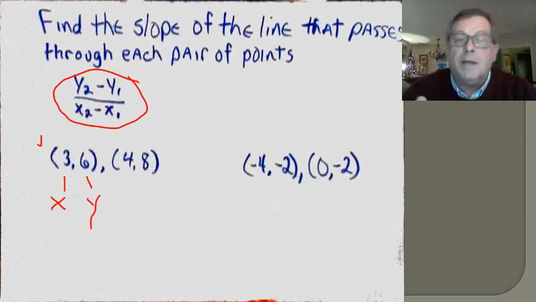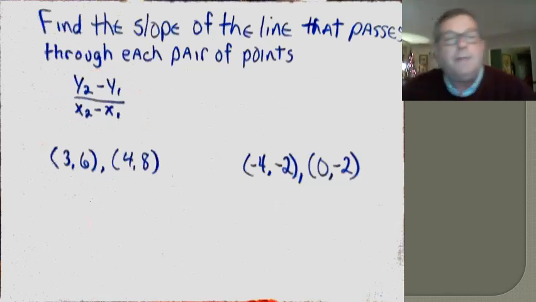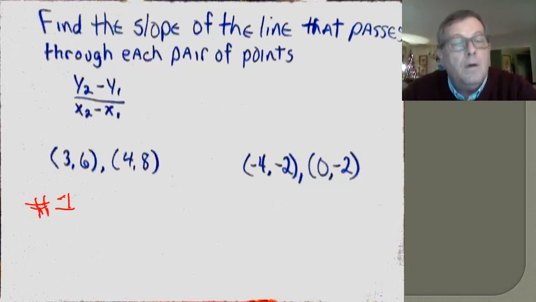You've got a coordinate: on the left is the x, on the right is the y. Now, second thing, we're going to say that this is coordinate number 1, and this one over here is coordinate number 2.